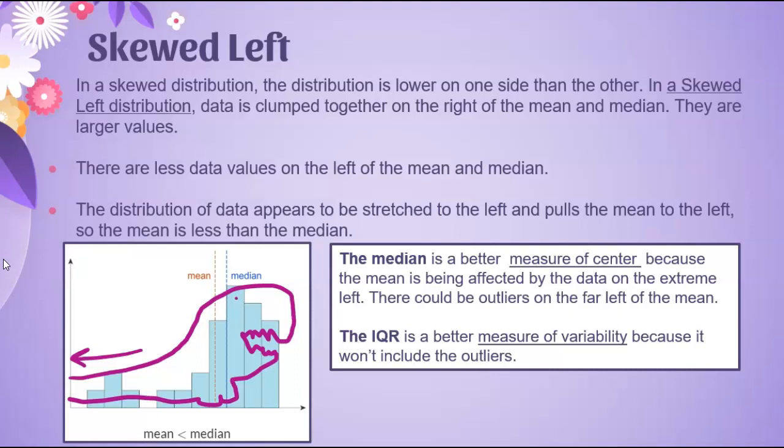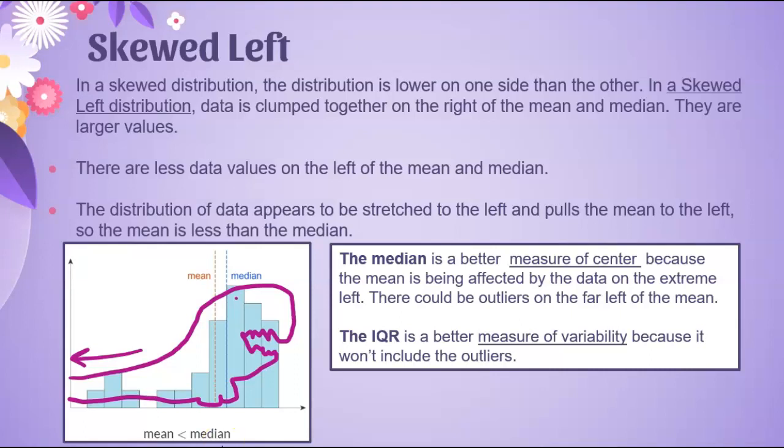So it's the opposite of where the data is. If the data is all clumped over here on the right, it's skewed to the left because it's pulling the mean to the left. There are fewer data values on the left side of the mean and median than there are on the right-hand side. So that's why it's called skewed left.